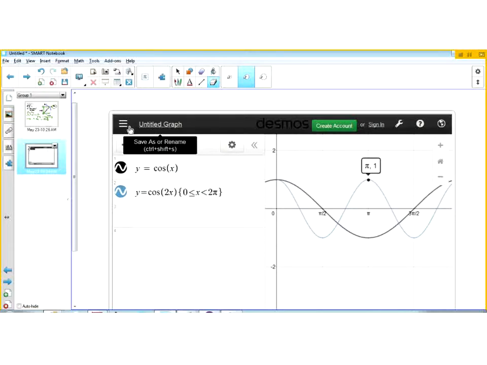And by cycle, I mean the interval on the t-axis where the function goes through its full range of outputs. Okay, so perhaps I should write that down.